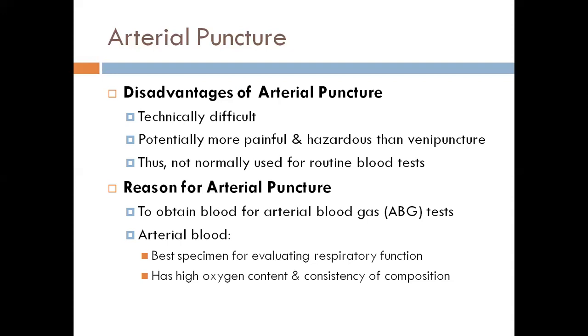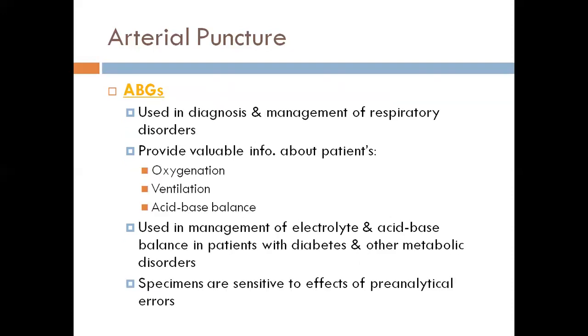After those discussions, we'll now proceed to discuss the main purpose, or the main reason, why we need to perform arterial puncture in the hospital, and that is ABG, arterial blood gas. This is used in diagnosing and managing respiratory disorders such as lung diseases.